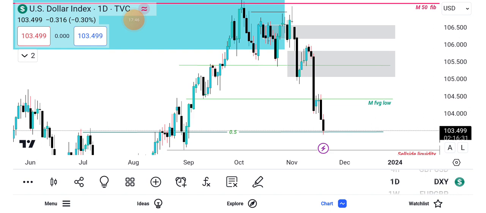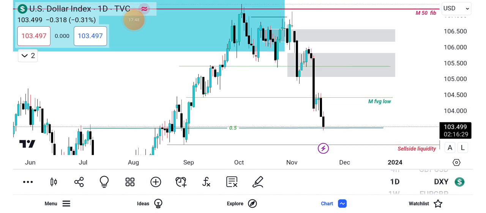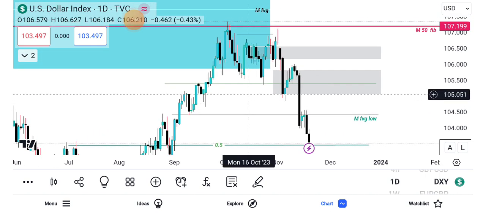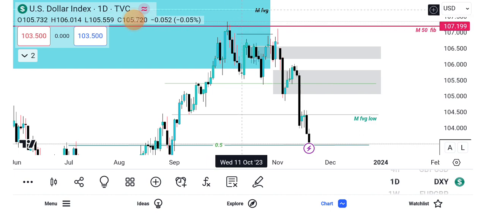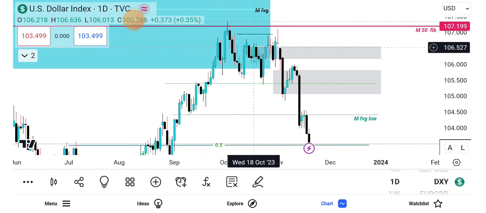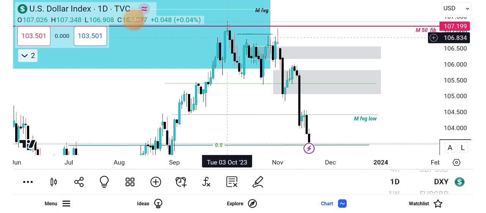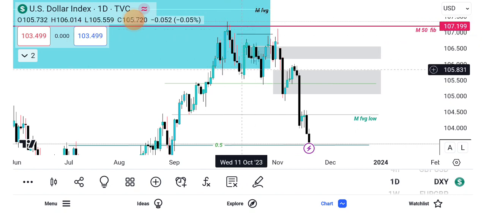So here around the zone, what we can see, after these liquidities were taken, price had retraced into premium, I mean, inside these monthly fair value gap, whereby we had seen candles close around the first quarter of this monthly fair value gap.